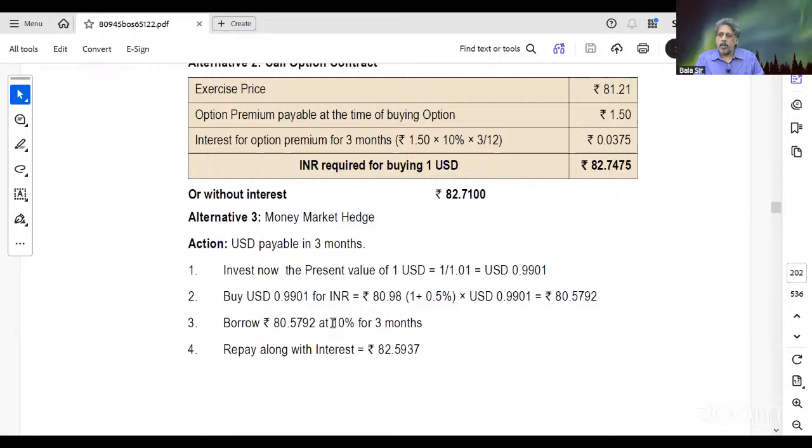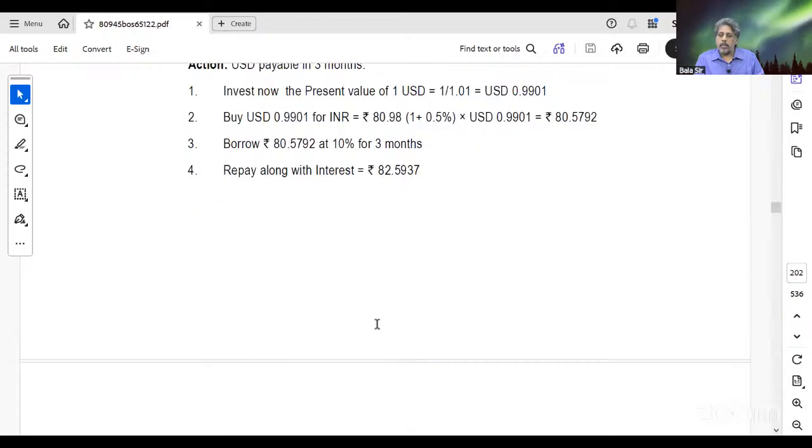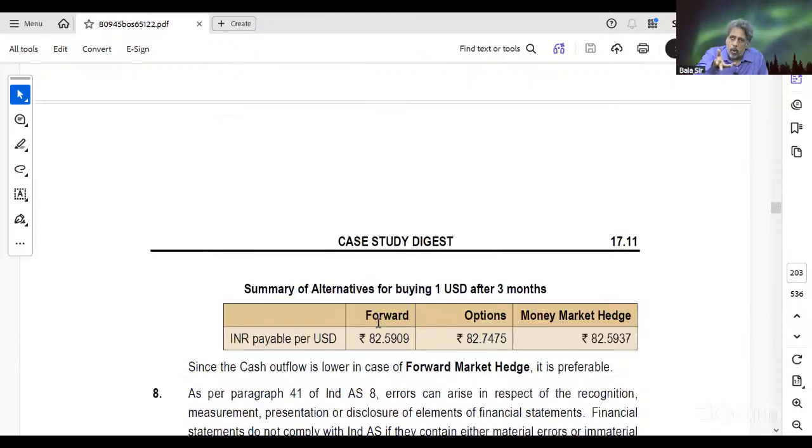Borrow rupees 80.17, and that is the amount you have to repay in 3 months, where you get the lowest cost. Is that fine? Got it? Now how much do you get?